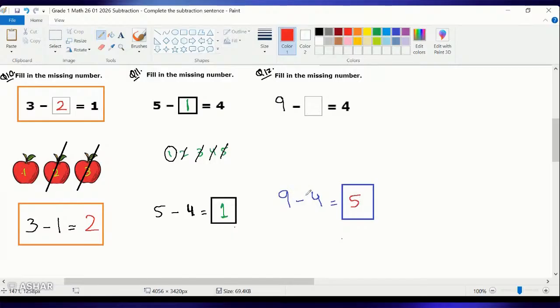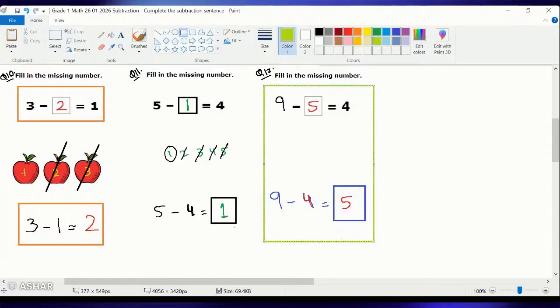If 9 minus 4 was equal to 5, then 9 minus 5 should be equal to 4, right? Because both of these statements would be true for this given question.